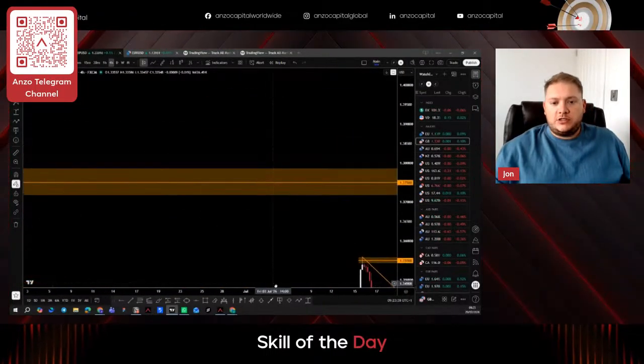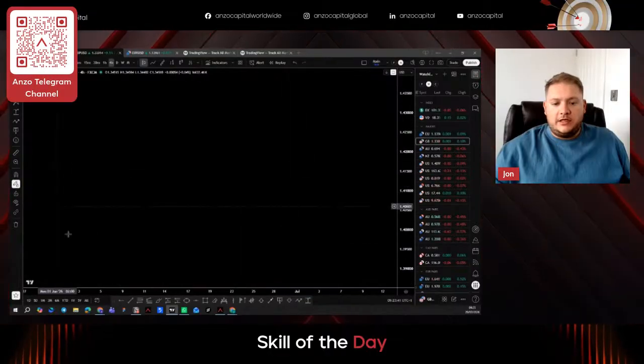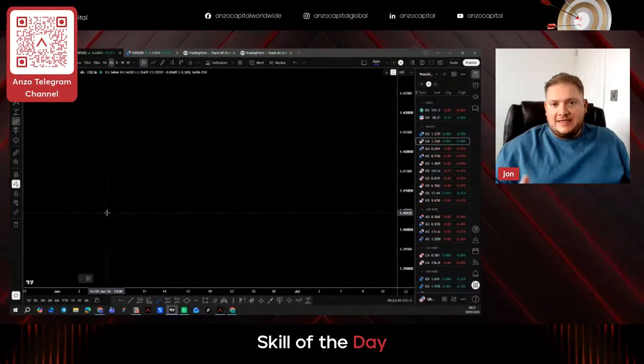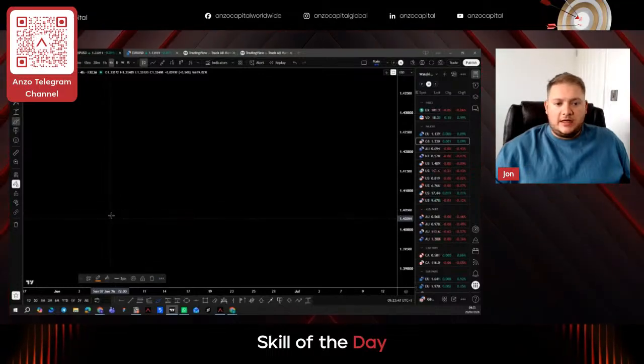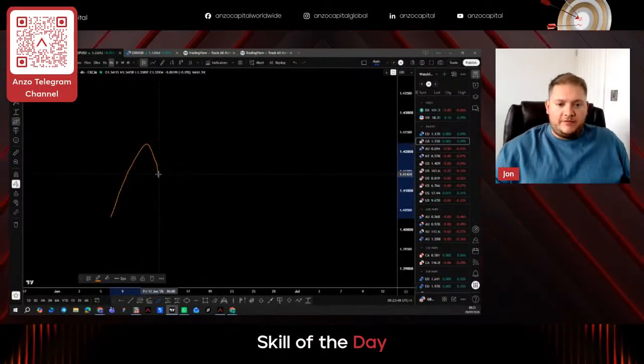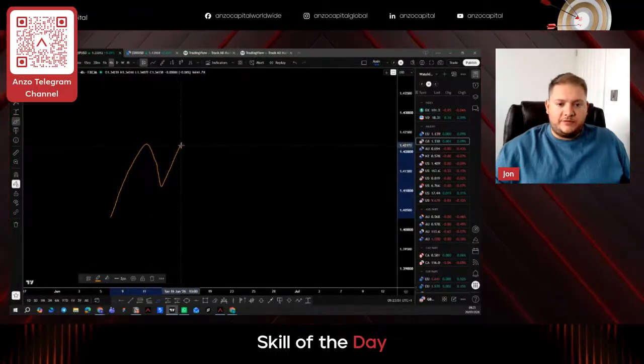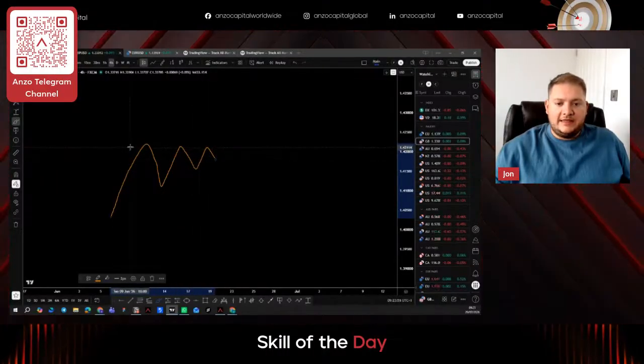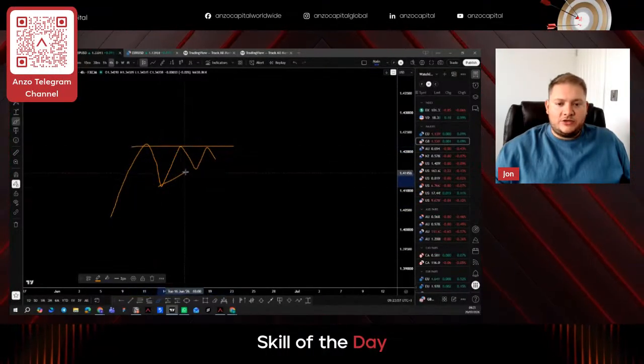So if I just scroll up the chart here, I'm just going to grab the pencil. You have things called the ascending and descending triangles. We have a pattern where price forms almost like a base area, or a ceiling when it comes to the ascending triangle.